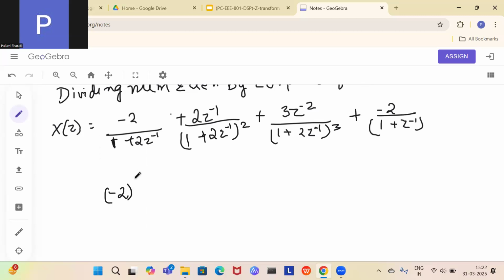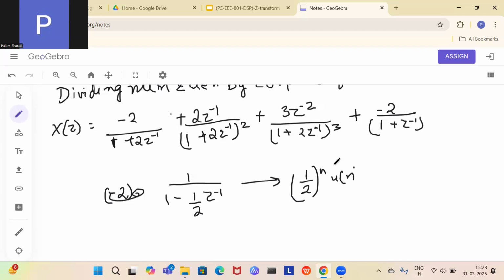Now, the second thing that you have to understand is that if you take the Z transform of 1 by (1 minus half z inverse), that we have seen, the Z transform was what? Half to the power n u[n].